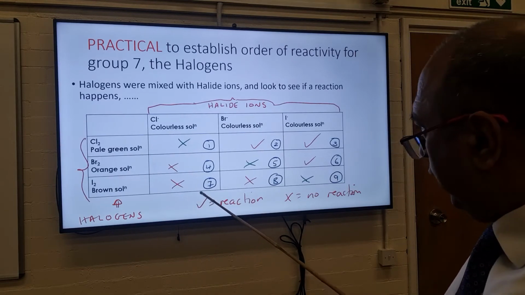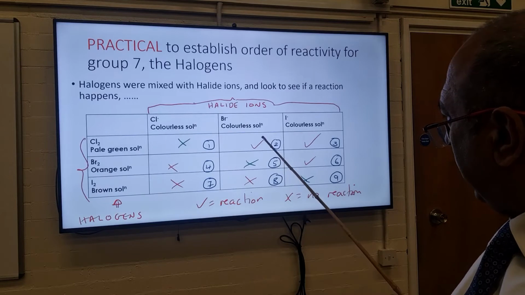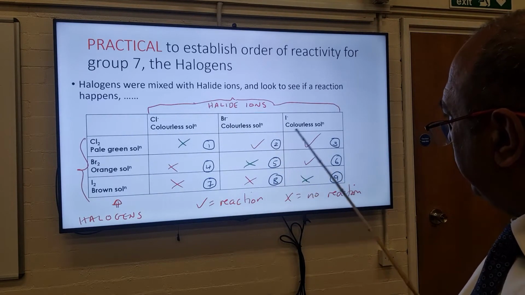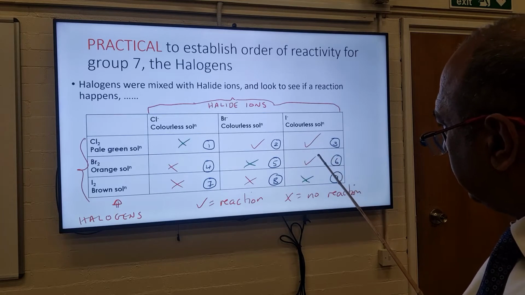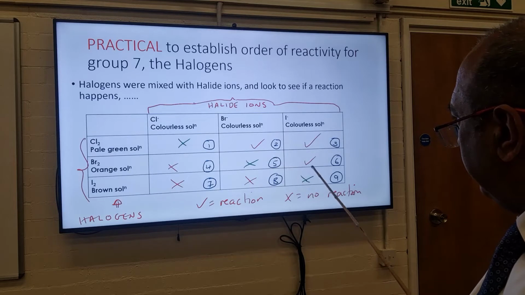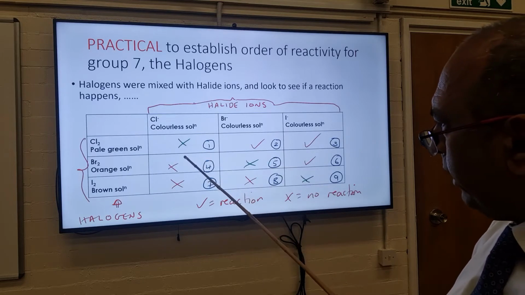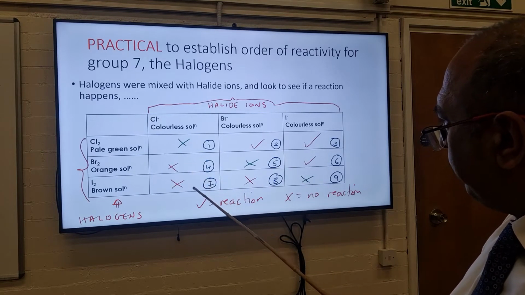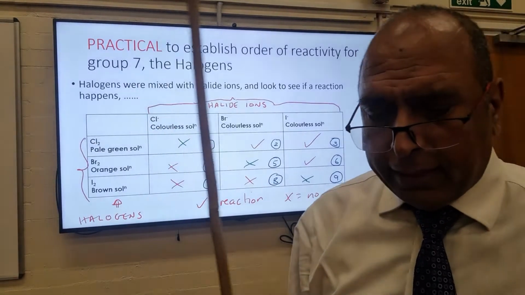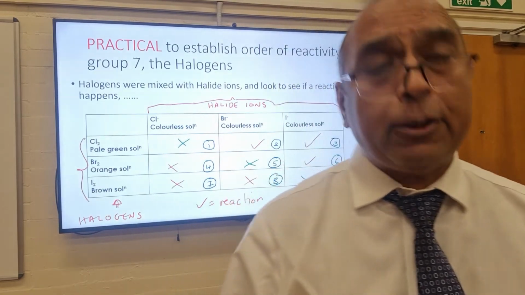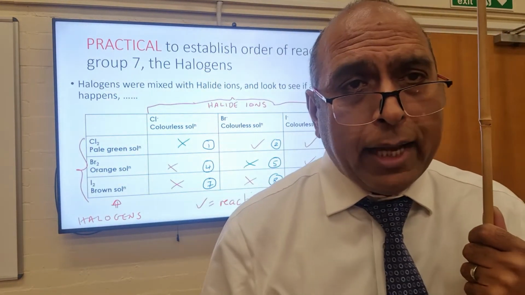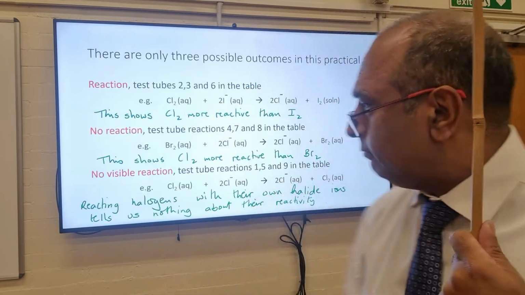We get a reaction at 2, 3, and 6, and we don't get a reaction at 1, 5, and 9, and we don't get a reaction at 4, 7, and 8. And then we have to be able to explain that. And the explanation will lead to knowing which halogen is more reactive.